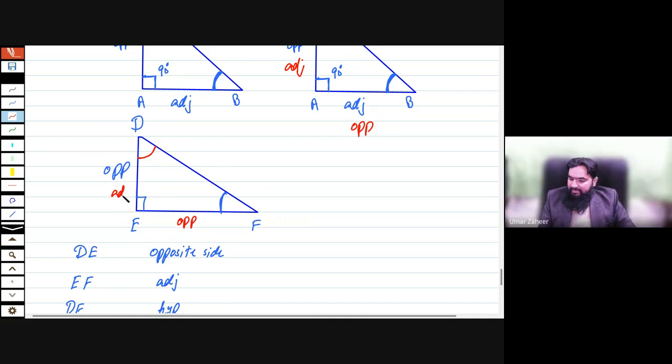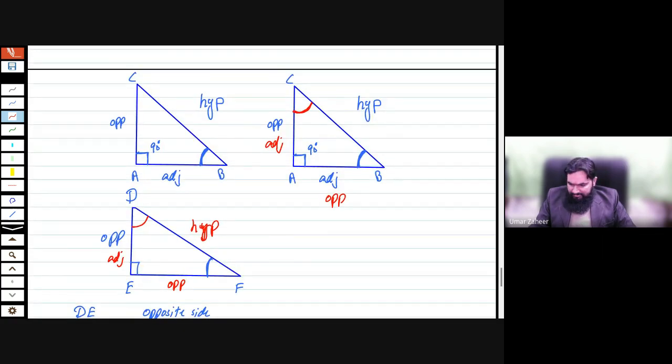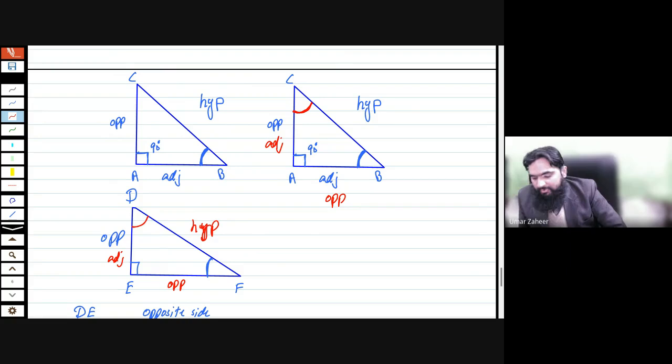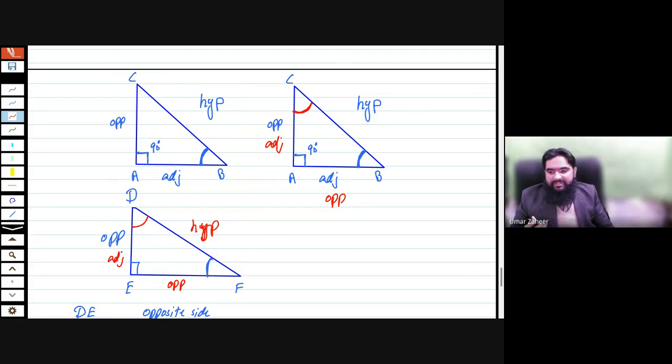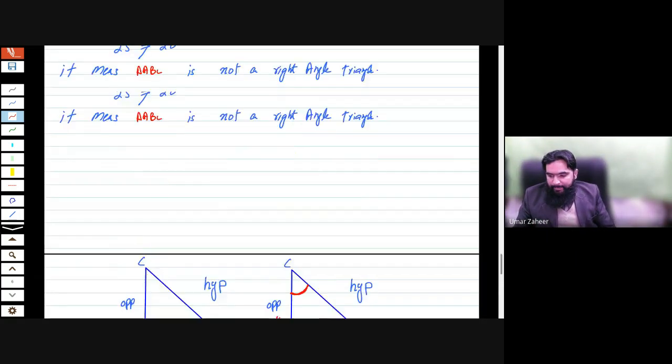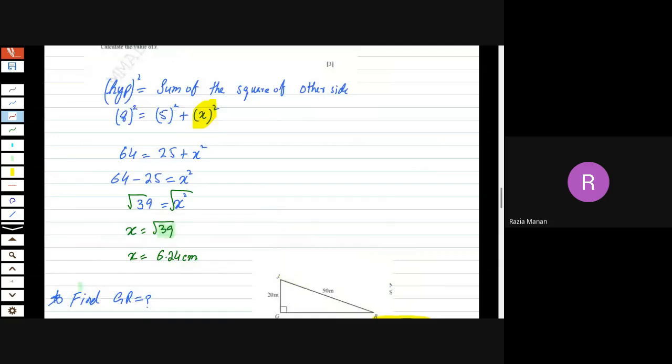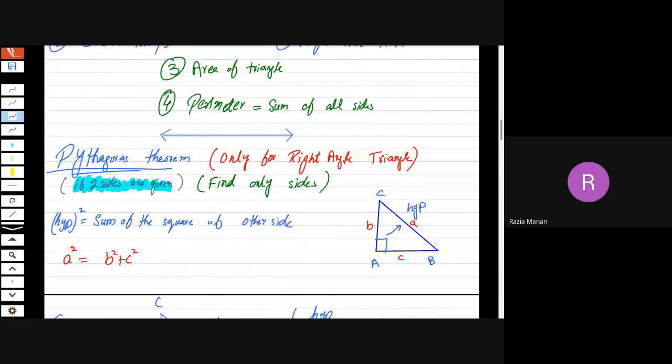And the hypotenuse is always the same. So the opposite and adjacent depend on the angle you are taking. If you're talking about angle D, the opposite is going to be different. If you're talking about angle F, the opposite is a different one. Any question up to here?